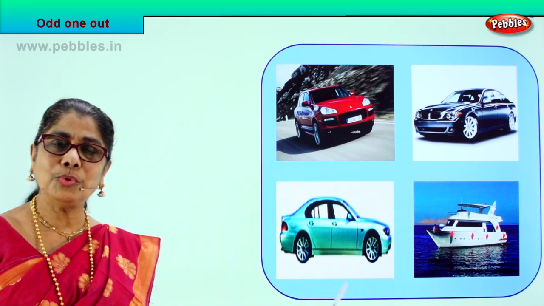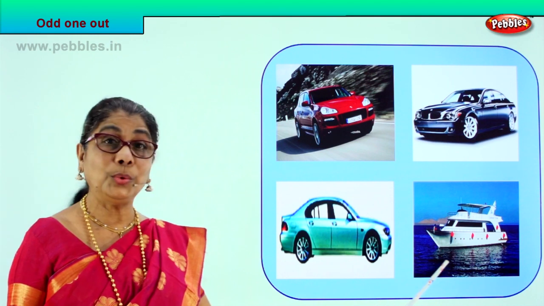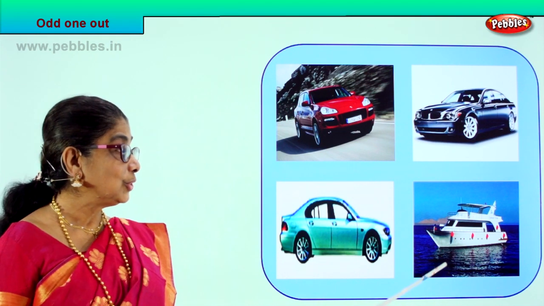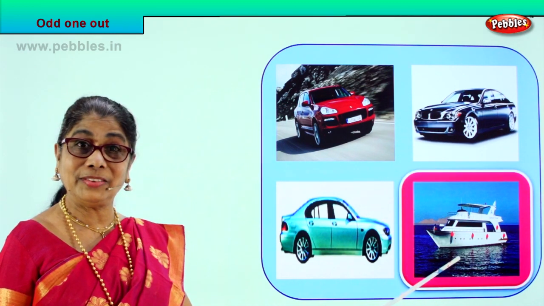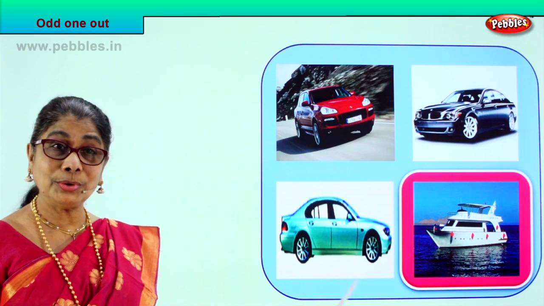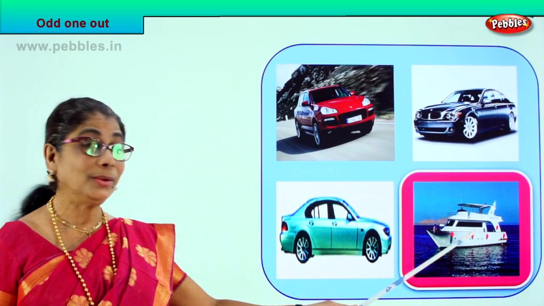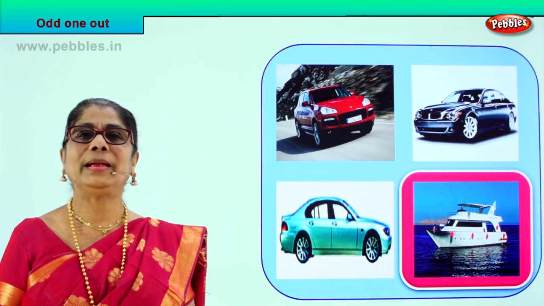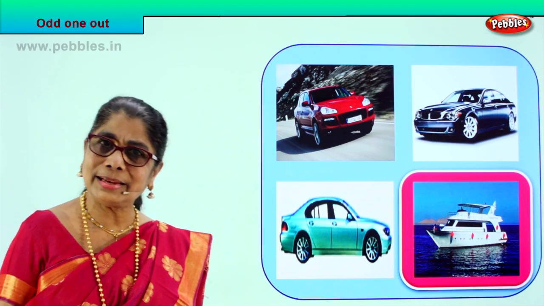The vehicles that move on the road, and the vehicle that goes in the water. Odd one. Very good. So we are becoming very clever. The transport on the road goes on the road. This is the transport that goes in the water. Odd one. Clever children.